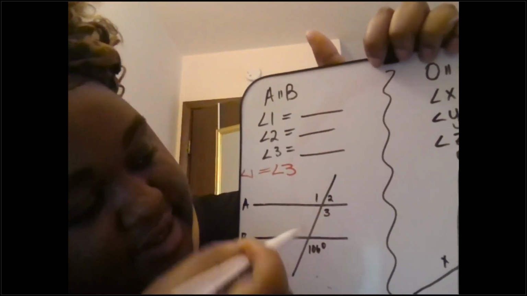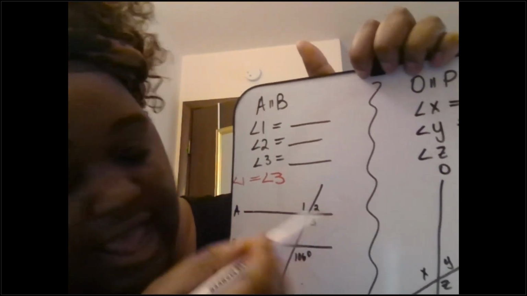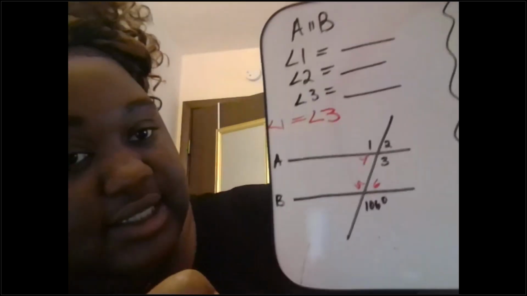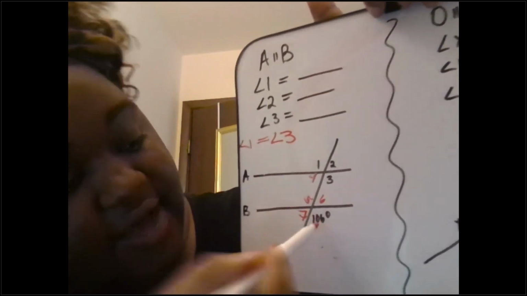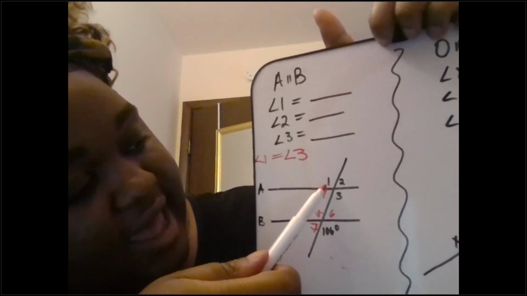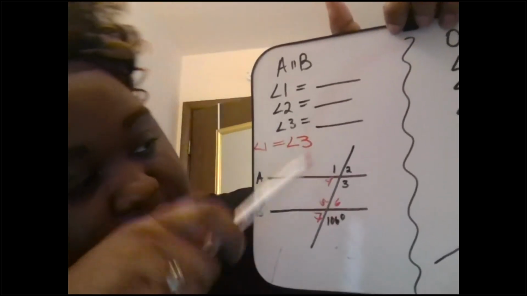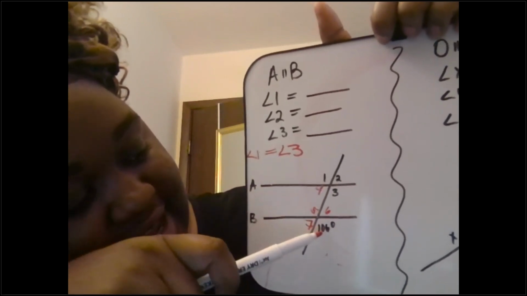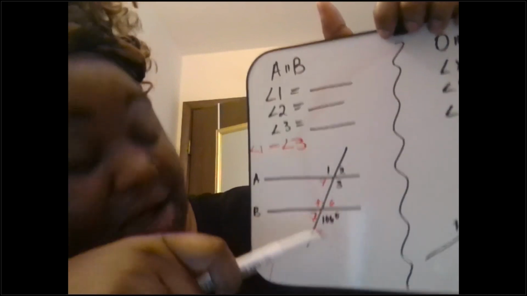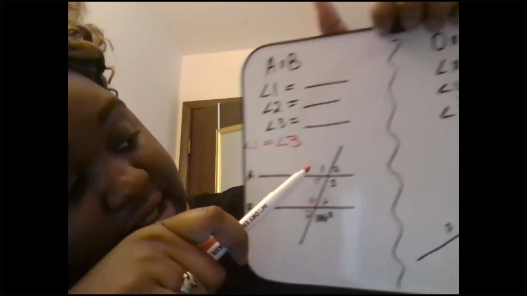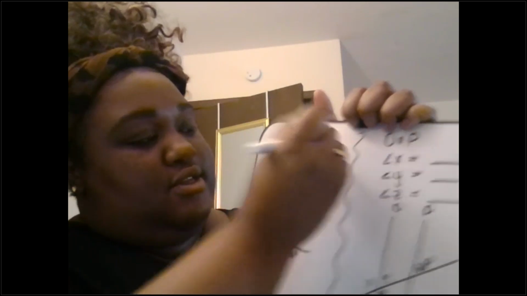But also, if I was to number the rest of the angles, let's say I call this angle 4, angle 5, angle 6, angle 7, and then angle 8 is 106 degrees. That lets me know that angle 1, remembering back to our notes, angle 1 and angle 3 are equal, which are equal to angle 5 and angle 8. So I know angle 8 is 106 degrees. So that lets me know that angle 1, which is also obtuse, by the way, is 106 degrees.